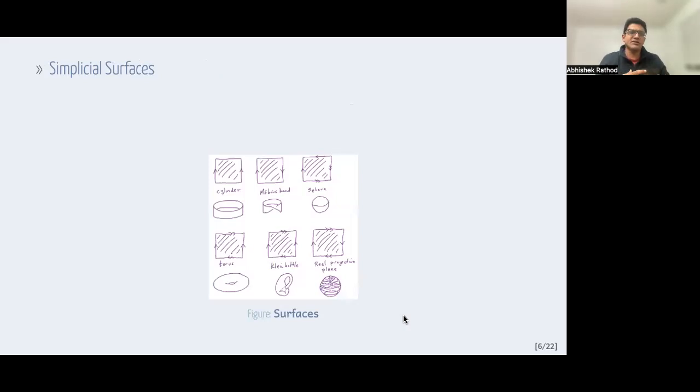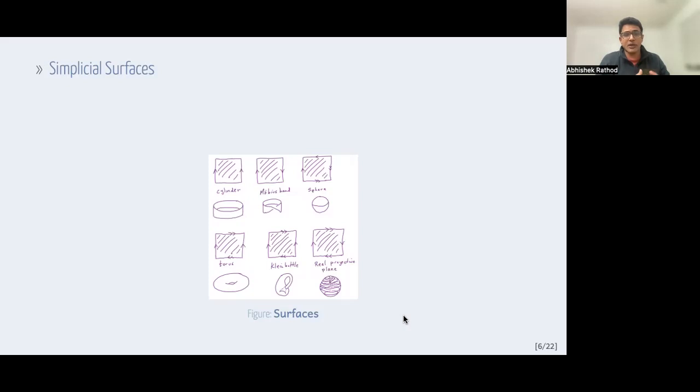So many of you must have encountered surfaces such as the cylinder, the Mobius strip, sphere, torus, Klein bottle, real projective plane, and so on. And of these surfaces, the surfaces with boundary are the cylinder and the Mobius strip, and the surfaces without boundary are the sphere, the torus, the Klein bottle, and the real projective plane.